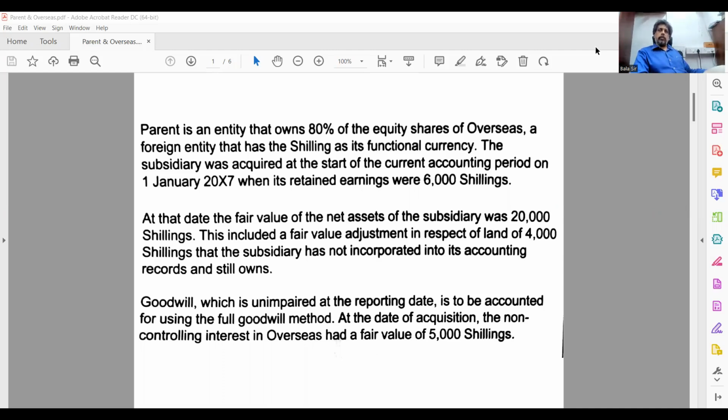Now, this included a fair value adjustment in respect of land of 4,000 shillings that the subsidiary has not incorporated into its accounting records and still owns. A goodwill which is unimpaired at the reporting date is to be accounted for using the full goodwill method. At the date of acquisition, the non-controlling interest in Overseas had a fair value of 5,000 shillings.